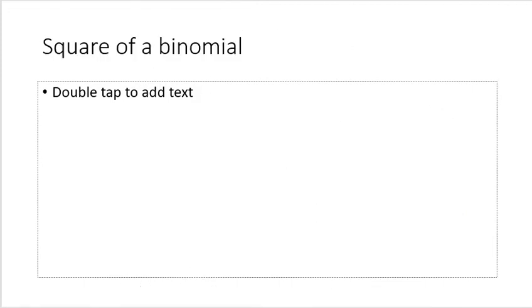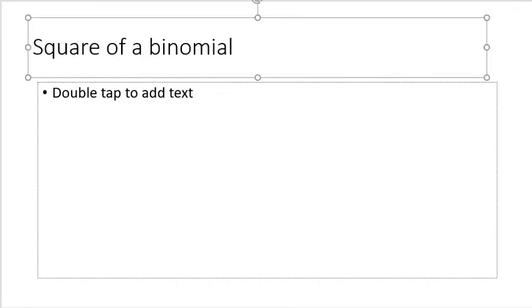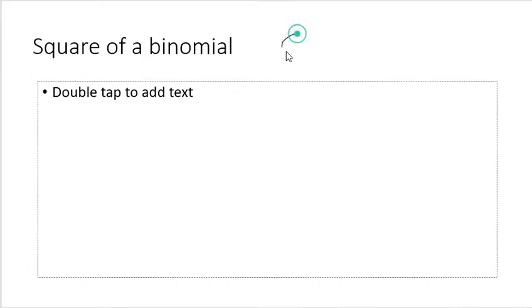Let's go and discuss the square of a binomial. Square of a binomial follows the formula: we have a plus b squared. The formula will be a squared plus 2ab plus b squared. Very simple.